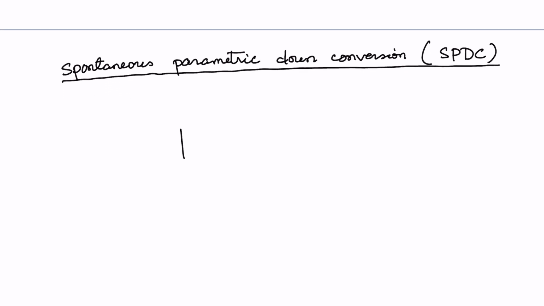For example, you know that if you have a nonlinear crystal, the second harmonic generation, all of you have perhaps heard, that when an optical signal at frequency omega is passing through a nonlinear crystal having susceptibility chi2, or the second order nonlinearity, at the output, subject to satisfying appropriate conditions, you may get double the frequency of the input signal. This is called second harmonic generation or SHG.